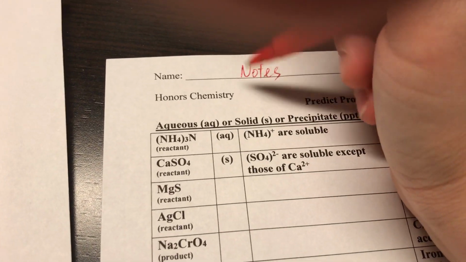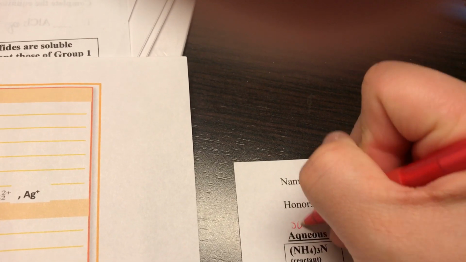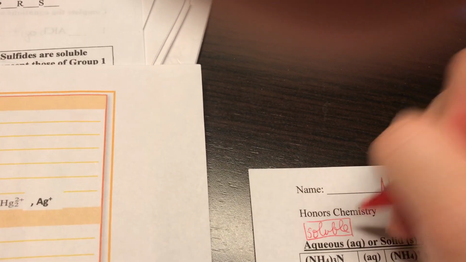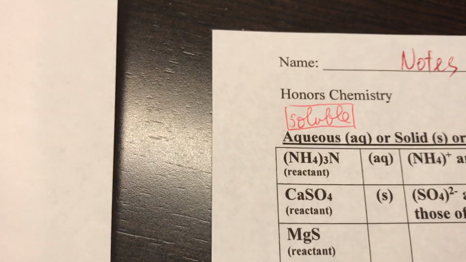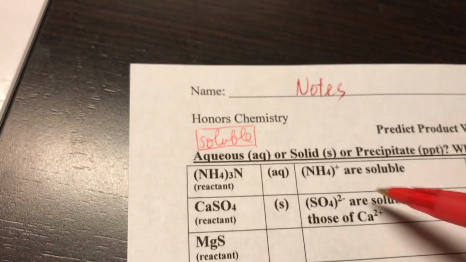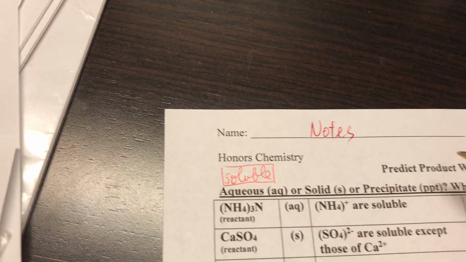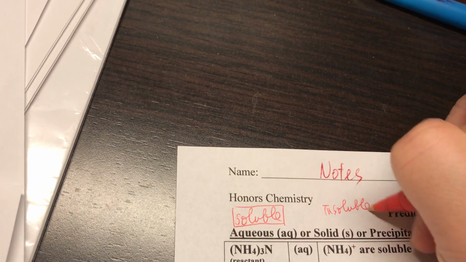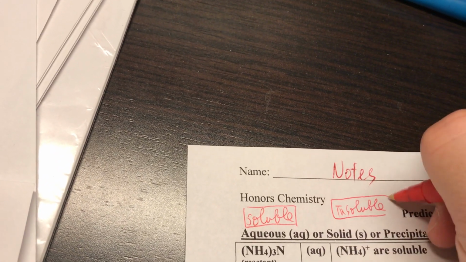When is it aqueous, AQ? It is when it is soluble. Soluble will be aqueous or AQ. Now solid and precipitate, they are both insoluble.